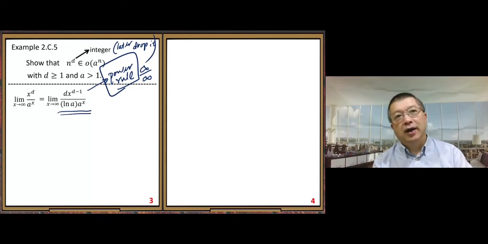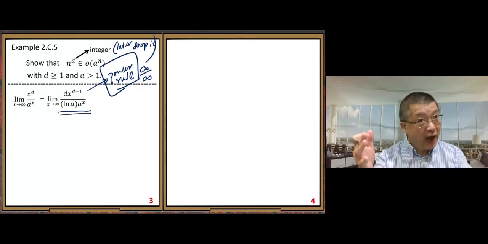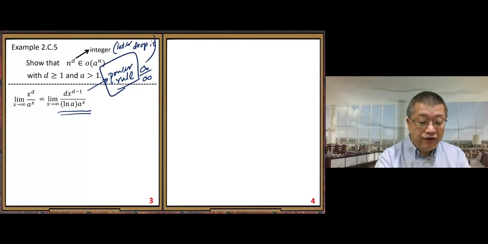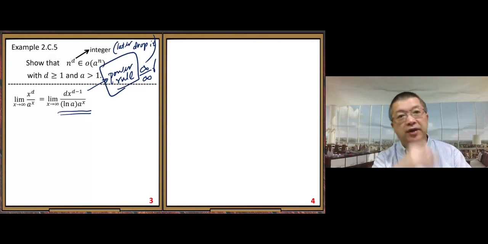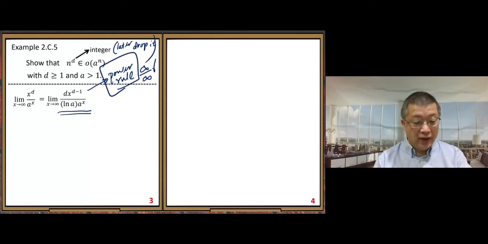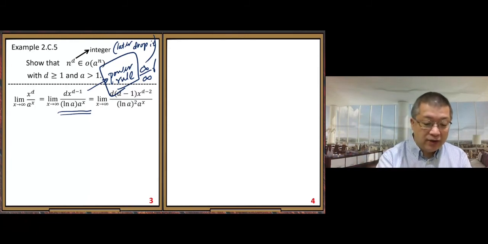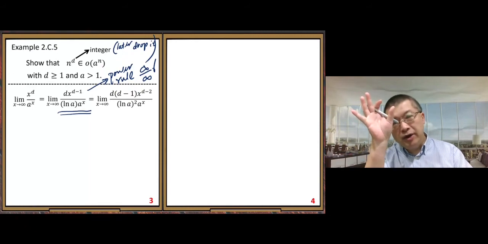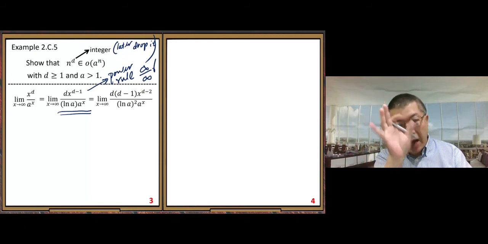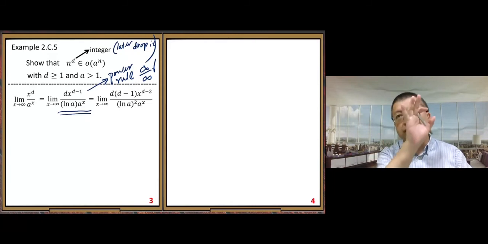All right, so then, after that, you can see if d is greater than 1, this is still an infinity over infinity indeterminate form. So you can apply L'Hopital's rule another time. If we apply it another time, you can see d times d minus 1, and the exponent number brought down once more, d minus 2.